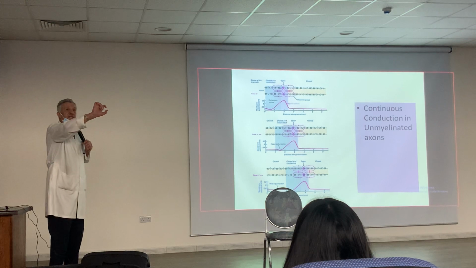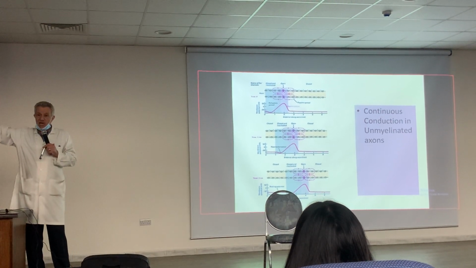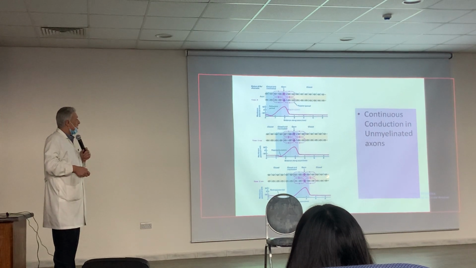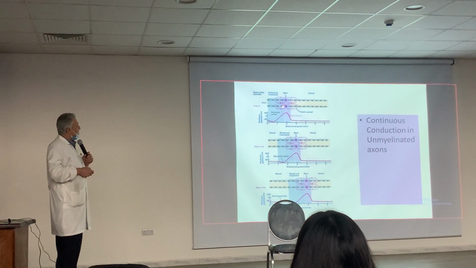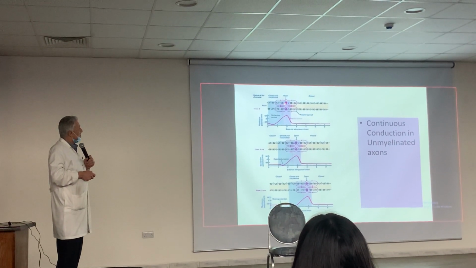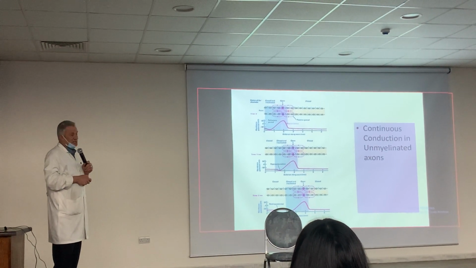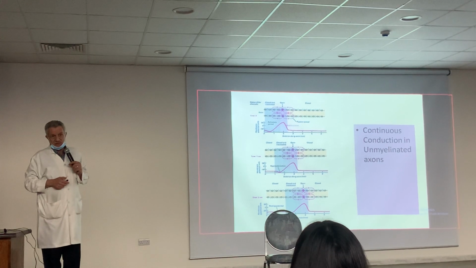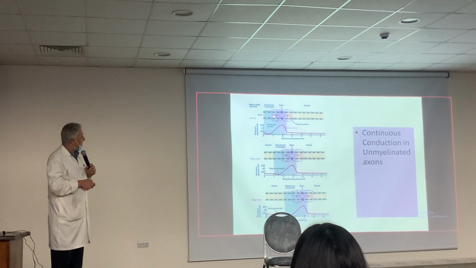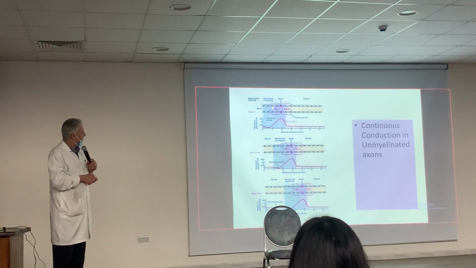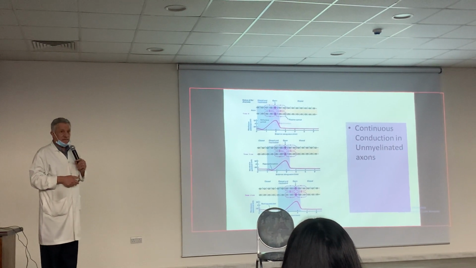So we are getting a continuous conduction along the membrane of the axon. As you see here, we have also currents between the region where you have action potential and the previous region, where we are not developing an action potential again.